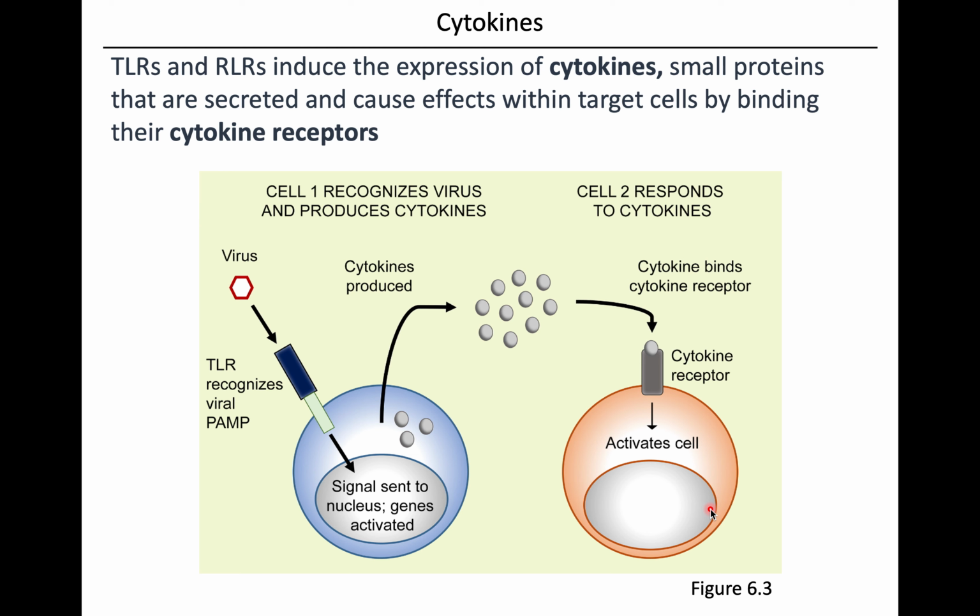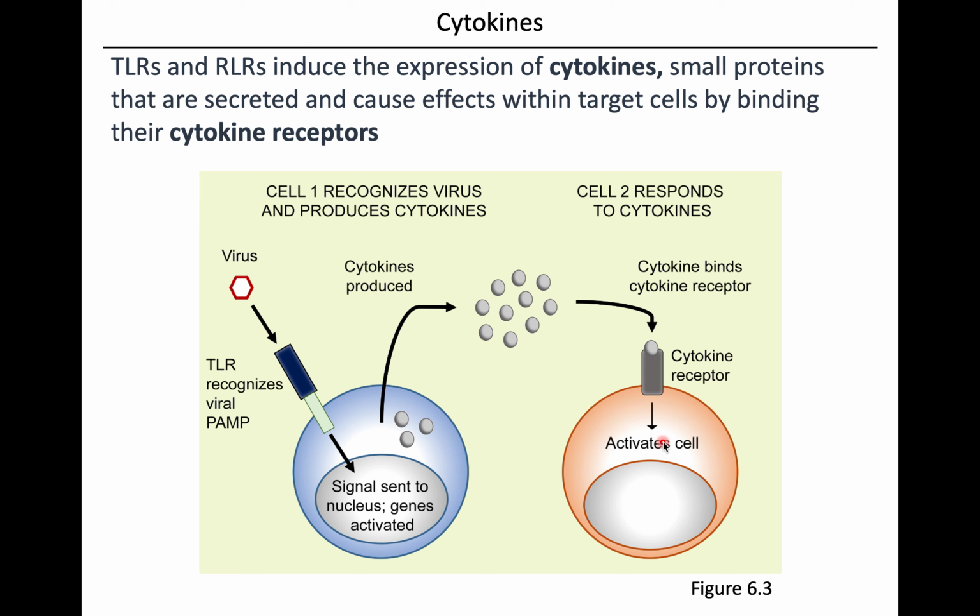So this interaction between the host cell receptors, TLRs, RLRs, and those viral PAMPs is going to induce the expression of these small proteins called cytokines. So here you've got virus being recognized by the TLR in this case, right? That activates a signal transduction cascade, which kicks on the production of these small protein cytokines. These then get excreted and are sent out to be recognized by receptors on the surface of other cells.